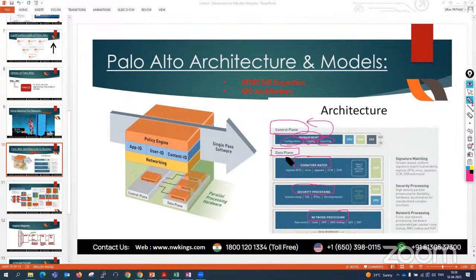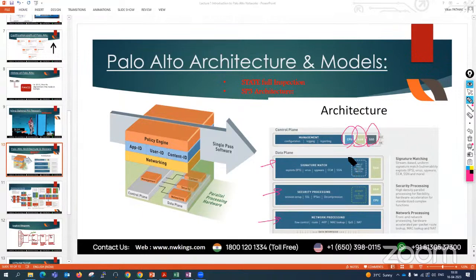Okay, that's fine. We understood that this is the control plane, this is the data plane, and they have separate functionality. But the beautiful thing is that all these processes, whether network processing, security match, management, or control plane, are having dedicated CPU, RAM, and SSD.